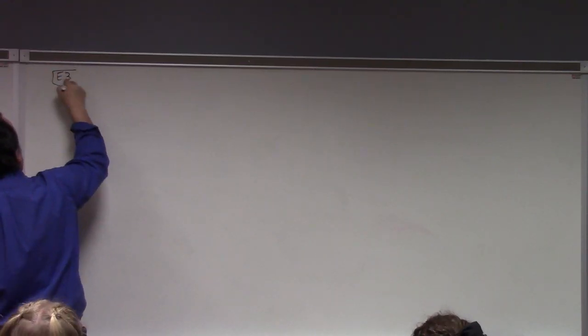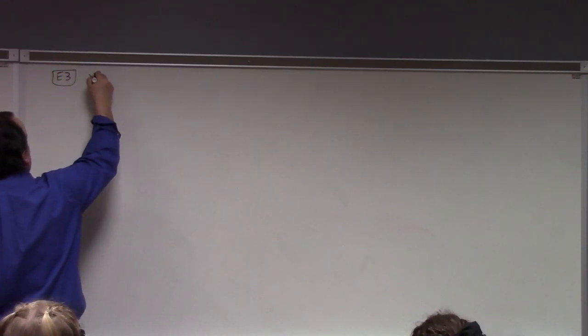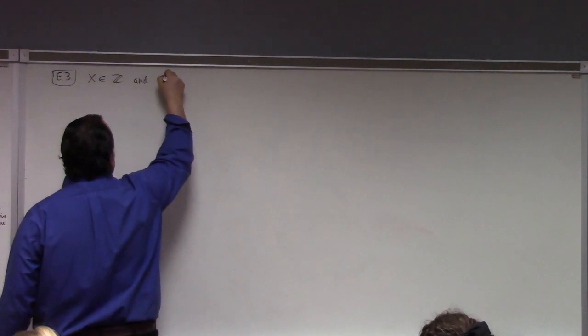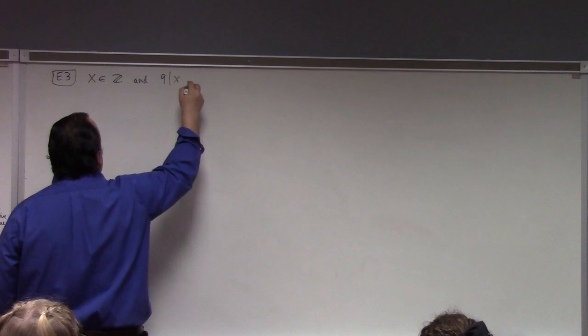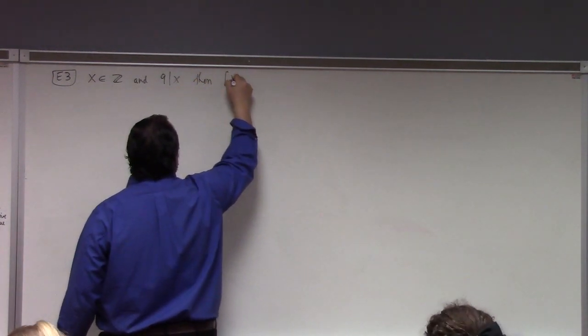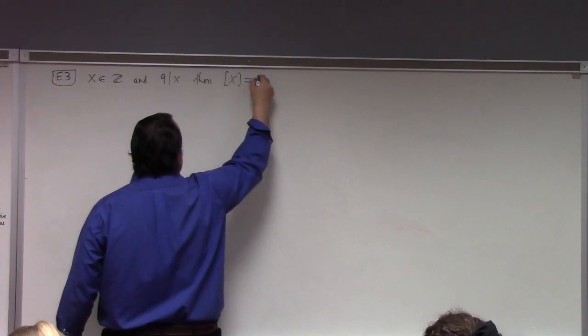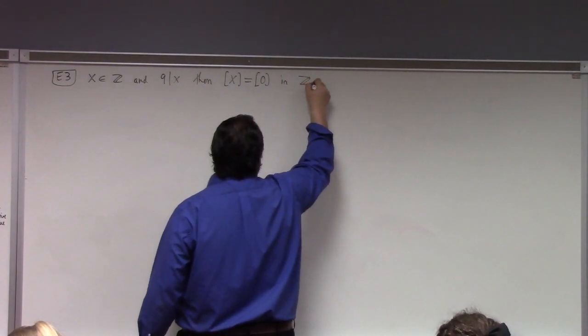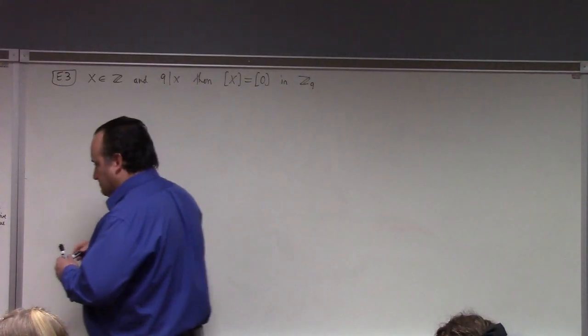I'm going to call it 3. If I'm wrong, tell me. If x is in the integers and 9 divides x, then if we look at the equivalence class of x, it's 0 in Z9, right?